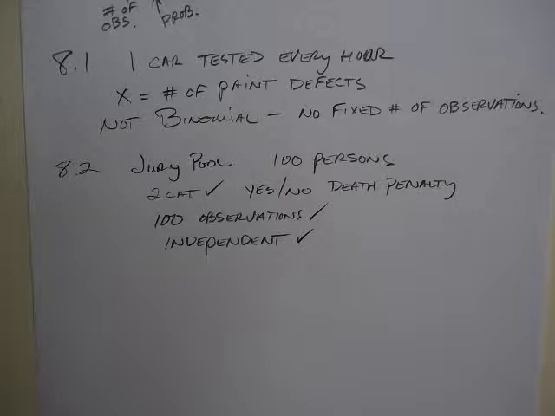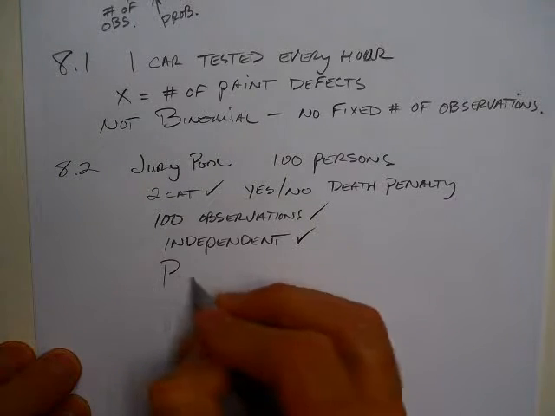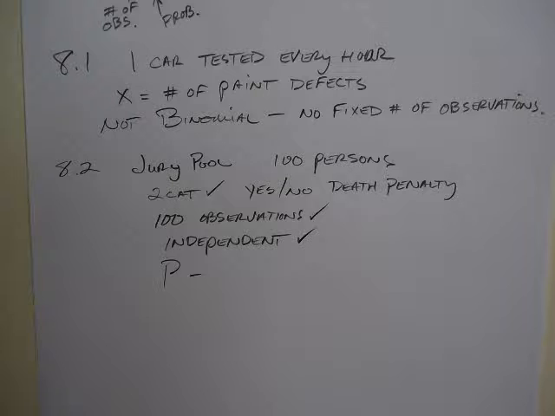The probability, is the probability the same for each? Well, they're going to say yes or no. Well, I guess they could say, oh, no. You always have that wishy-washy guy or girl. But you would assume that there is a probability for the population at large, that this particular town has a relatively fixed probability at that moment.